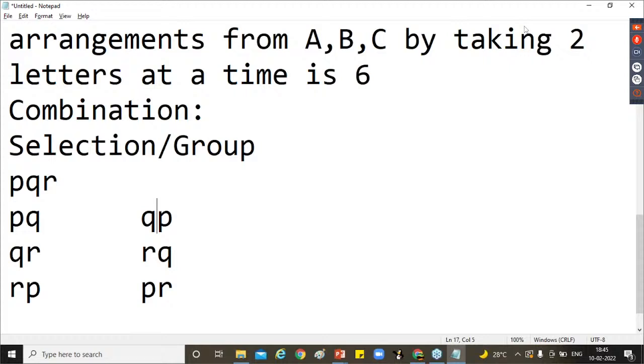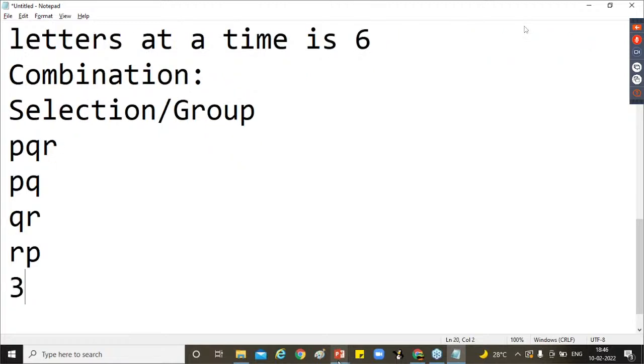Clear? So AB, BC, CA. Don't think that PQ and QP, QR and RQ, RP and PR are different groups.